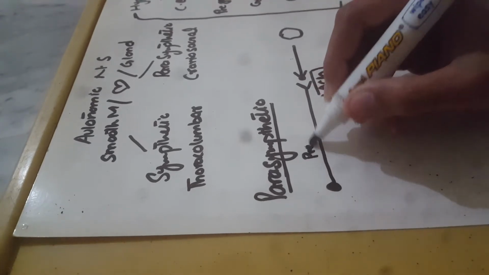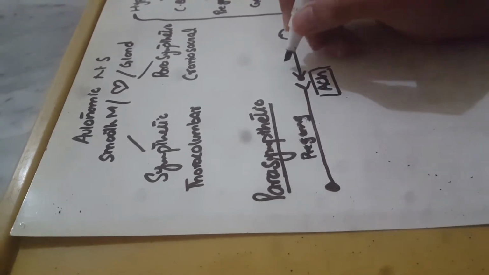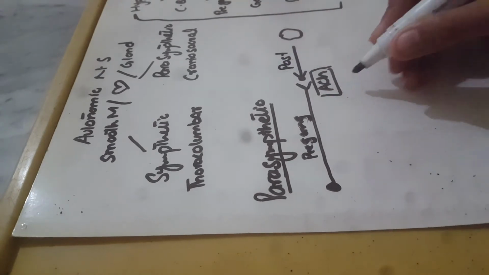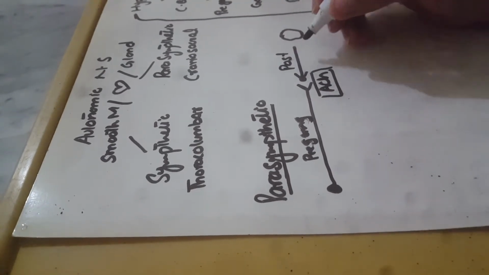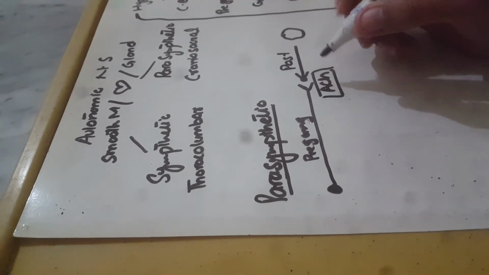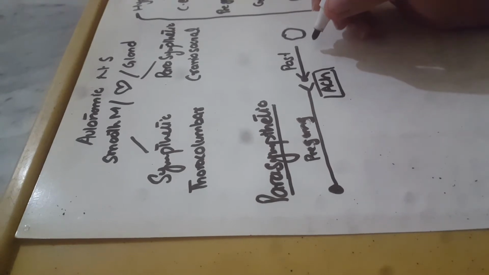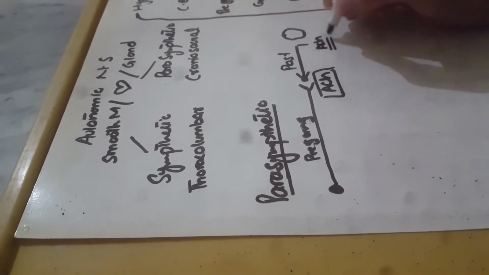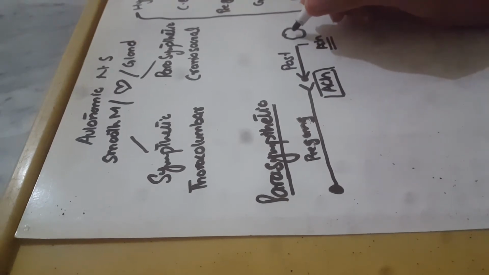This is preganglionic, this is postganglionic. Here the neurotransmitter is acetylcholine, and here is also a neurotransmitter. The neurotransmitter which stimulates the function is acetylcholine, which activates and performs the function of the effector organ.